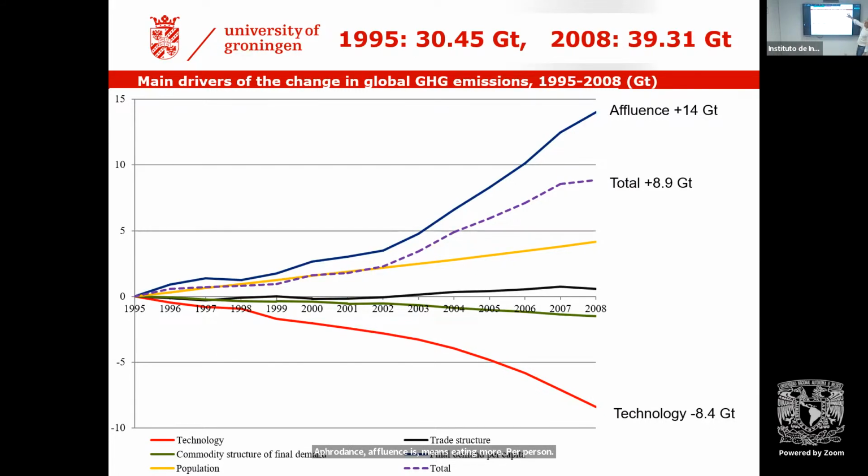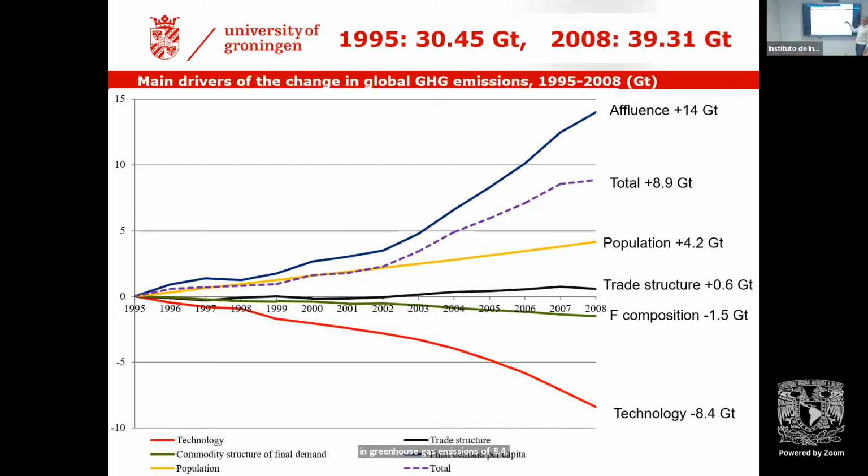So this is consumption per capita, the increase in household consumption per capita. That on its own would have increased global greenhouse gas emissions by 14 gigatons. Happily, the technology improved, emission intensities in general decreased, and that led to a total decrease in greenhouse gas emissions of 8.4.